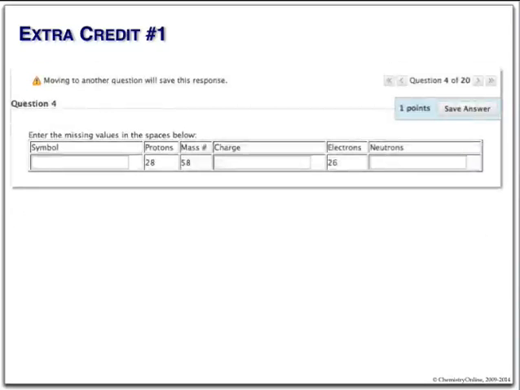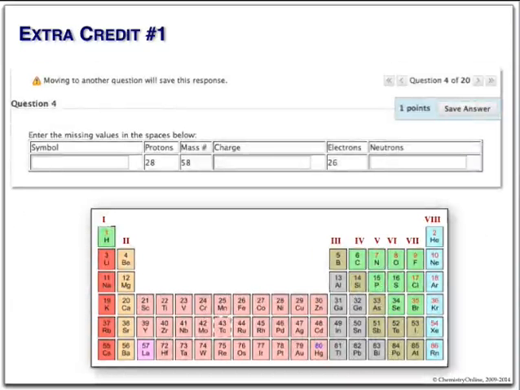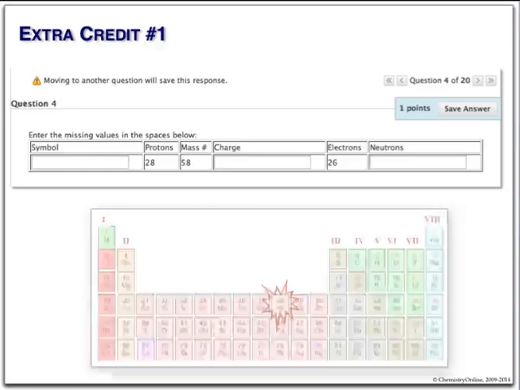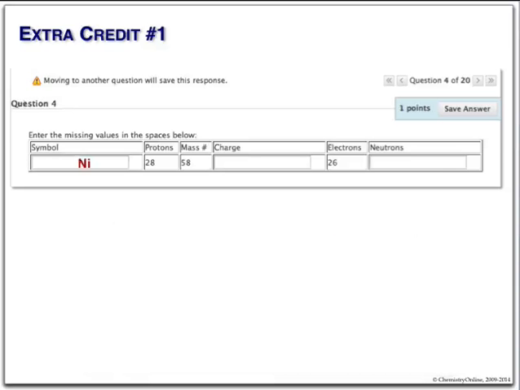One more of these here, we're trying to find the symbol. We are told that we have 28 protons. That means the atomic number is 28. And that's nickel. When you type this in, make sure you do the capitalization properly. First letter is going to be uppercase, and then lowercase after that.